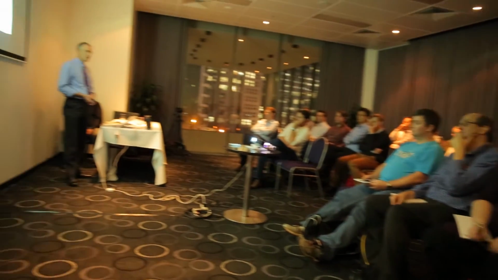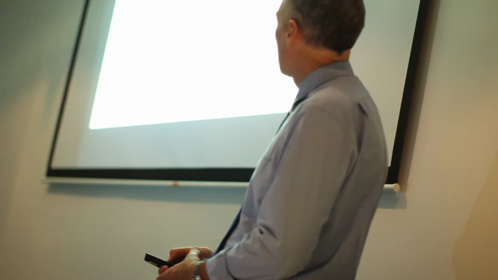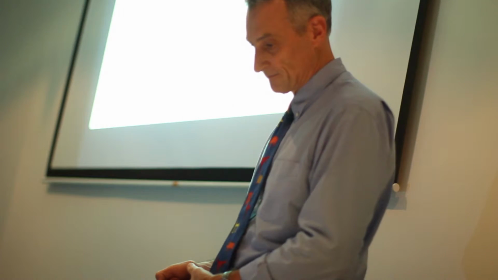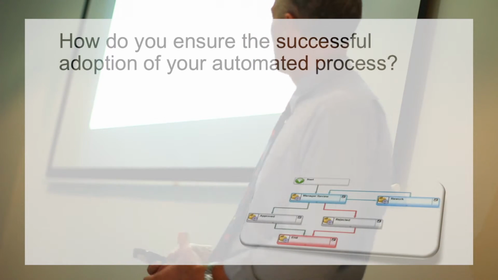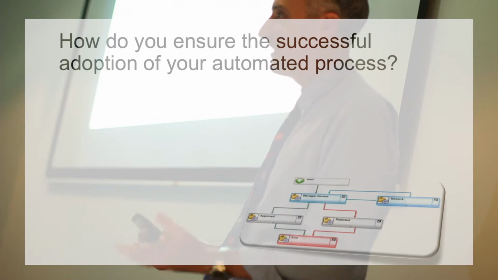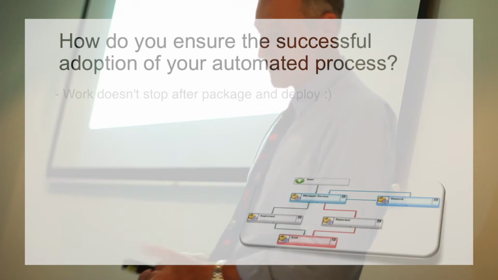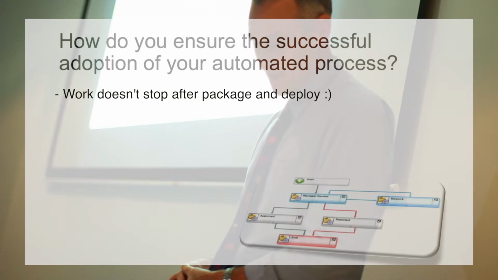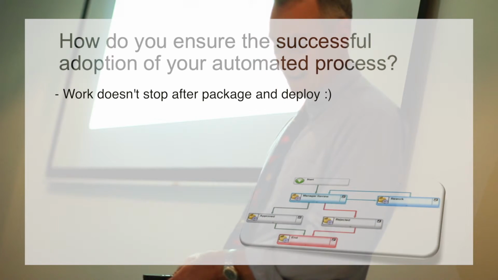So how do you ensure that your automated process can be successfully adopted in your business? Having access to full digital tools isn't all the answer, and the work doesn't finish once you stop and run, package and deploy. Well, that's a challenge in itself.